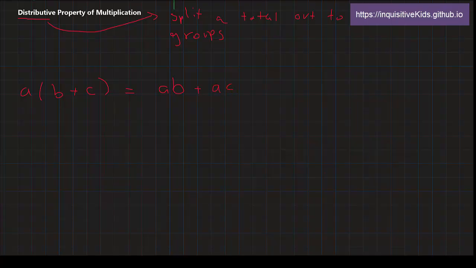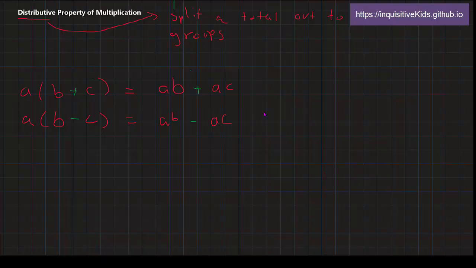And I want you to notice here that over here this is a plus sign, while over here this is also a plus sign. Well, something else we could do is a times the difference of b and c is equal to ab minus ac.